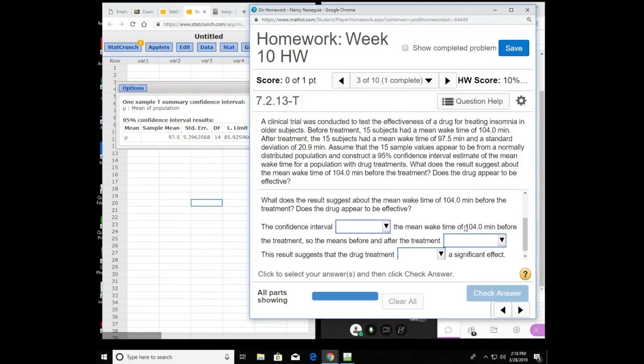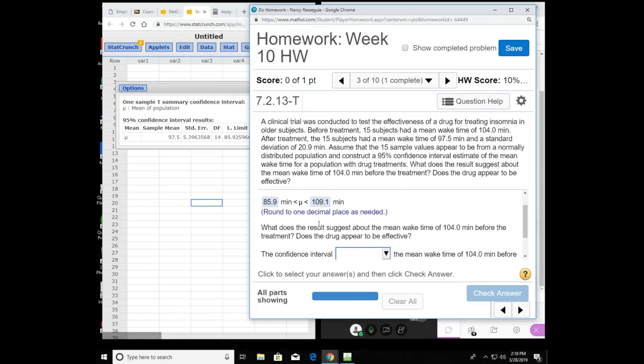So once you get that, then it's going to ask you to kind of compare to the one before the treatment. For me, if my confidence interval went from 85.9 to 109.1, before treatment, the mean was 104.